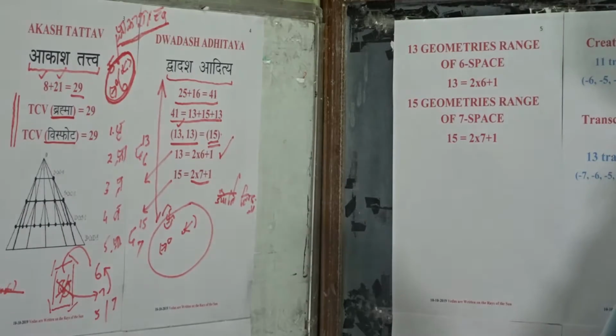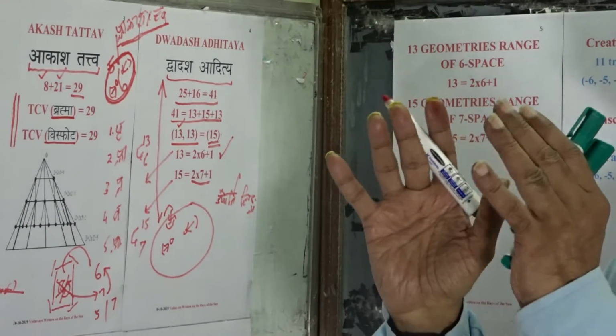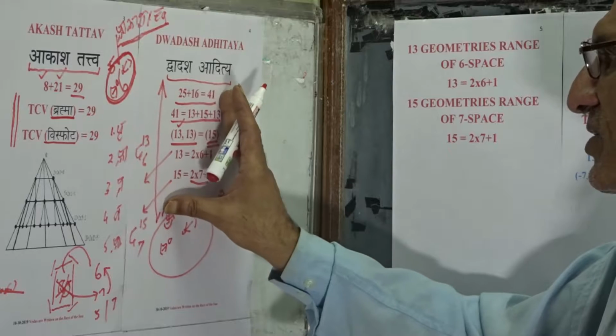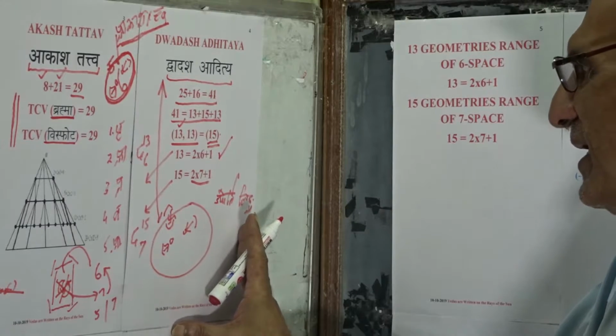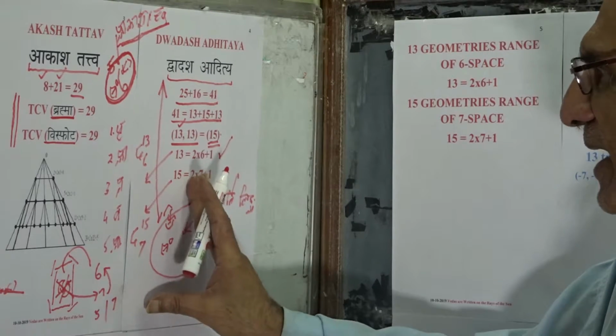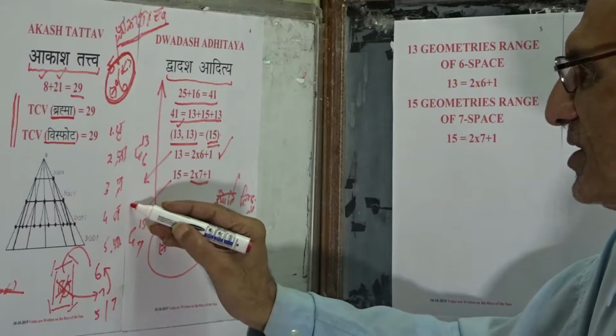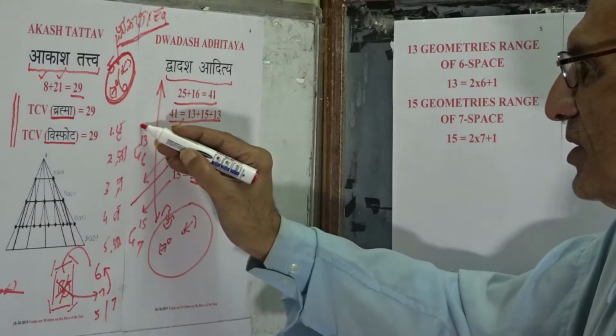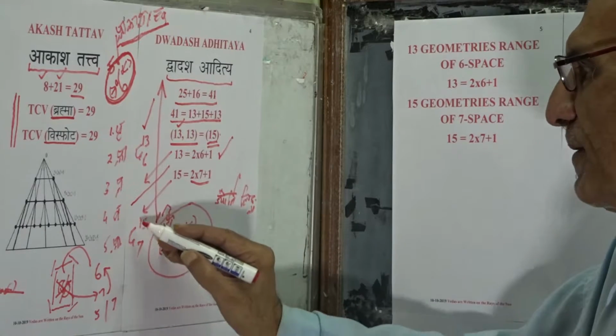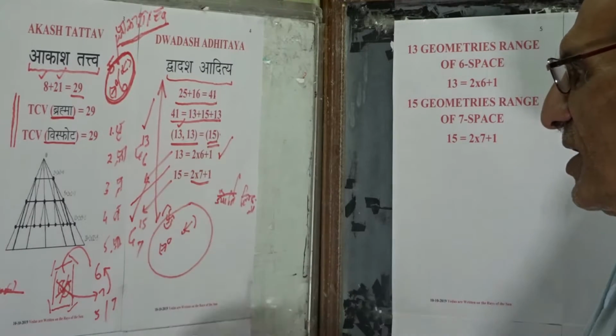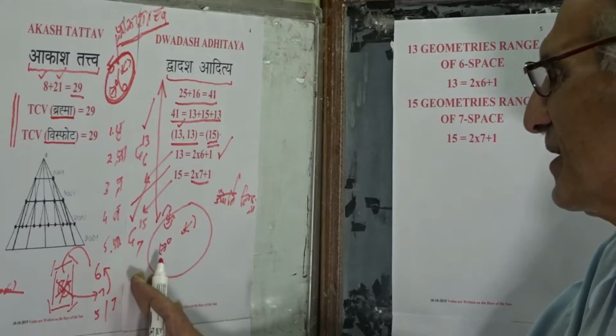This way we see that the transcendental boundary as Dwadas Adityas will be leading us to parallel organizations of 13 geometries range of 6 space and 15 geometries range of 7 space.